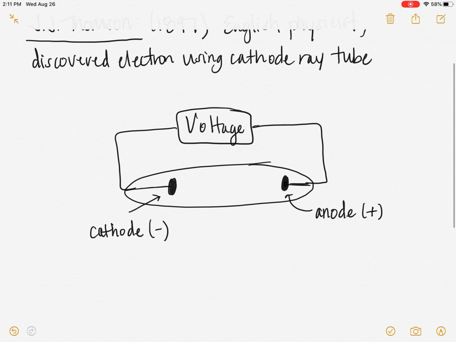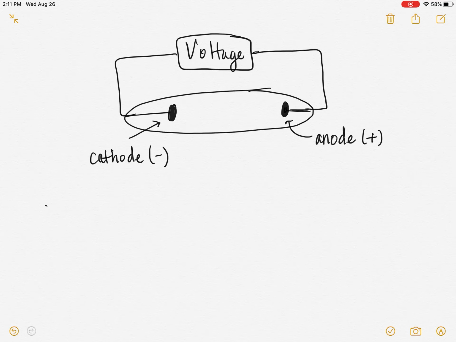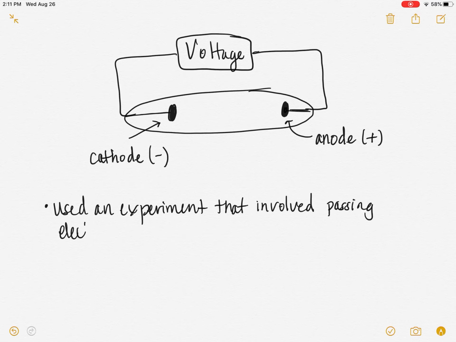Okay, so what Thomson did, and when we are in person, we will watch a video on this, and it will help to explain this. He used an experiment that involved passing electric current through a gas in this glass tube.